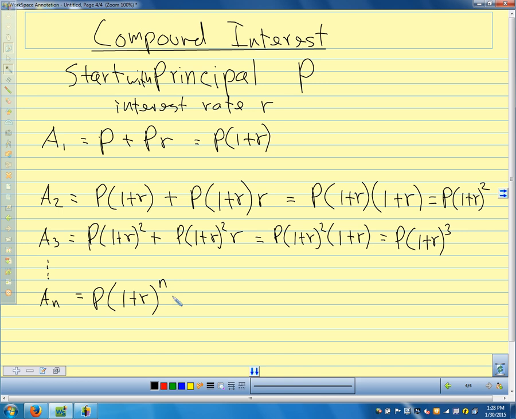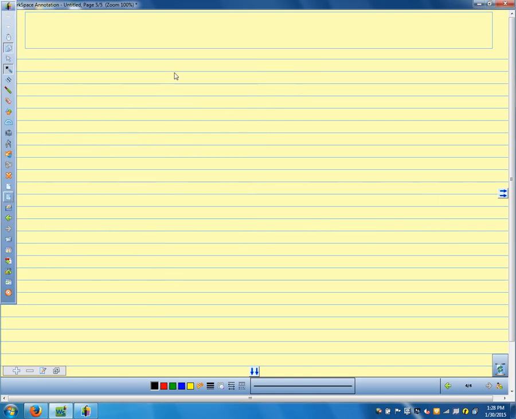Now, usually with compound interest, there's a little more to it than earning interest once a year. So I want to write the formula that we're going to use for compound interest when you have a little bit more going on. Everybody good with where our formula is coming from and why it's an exponential function? Okay. So our compound interest formula. P is our principal.